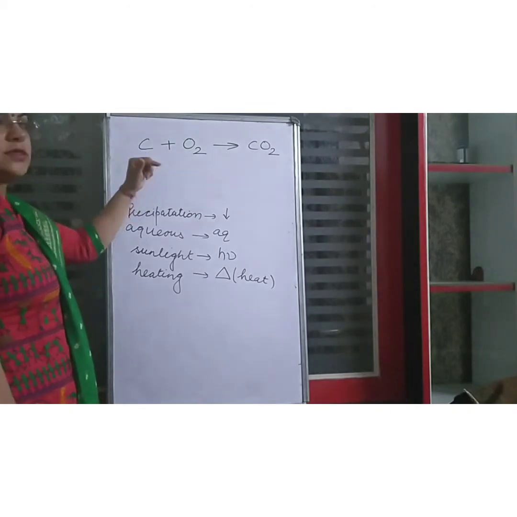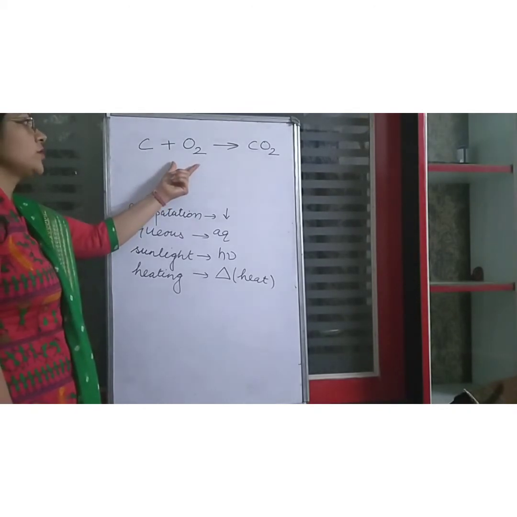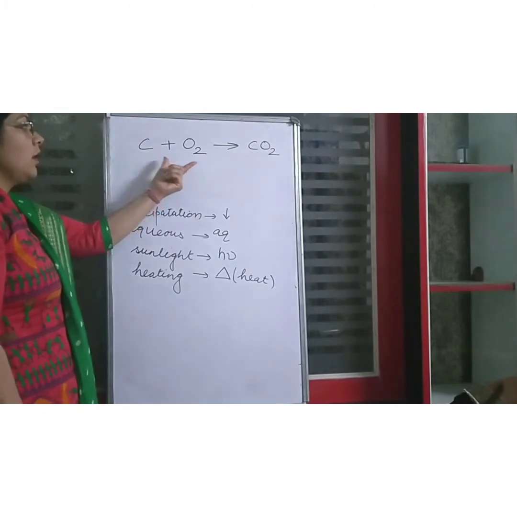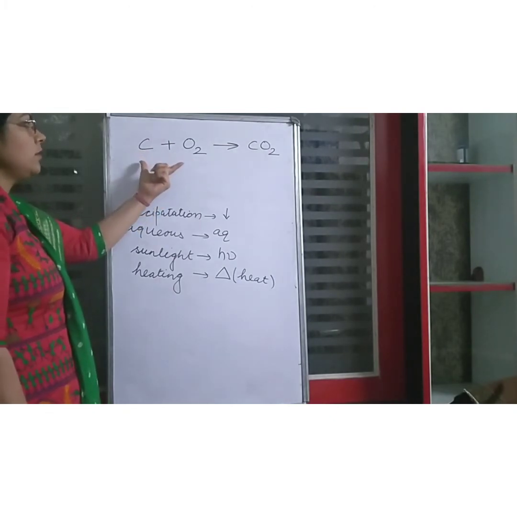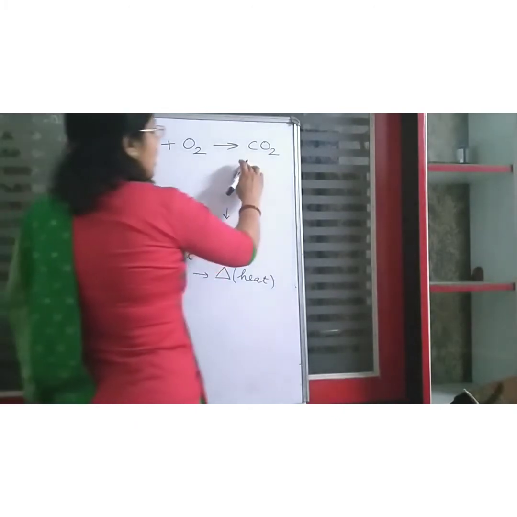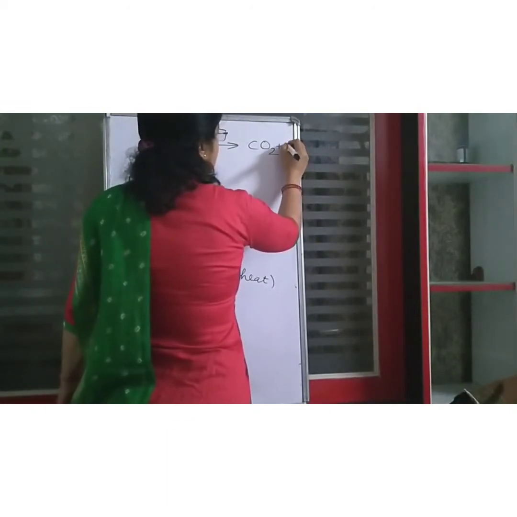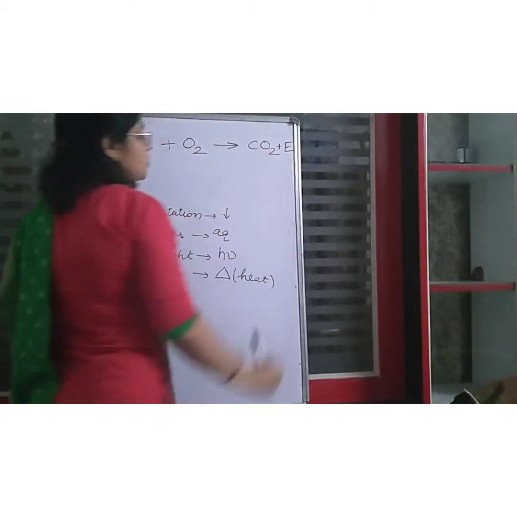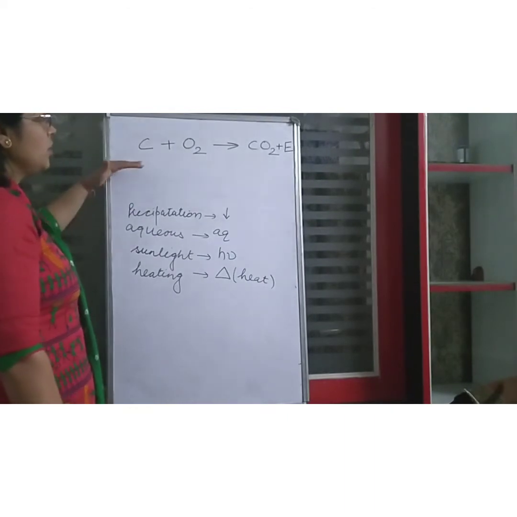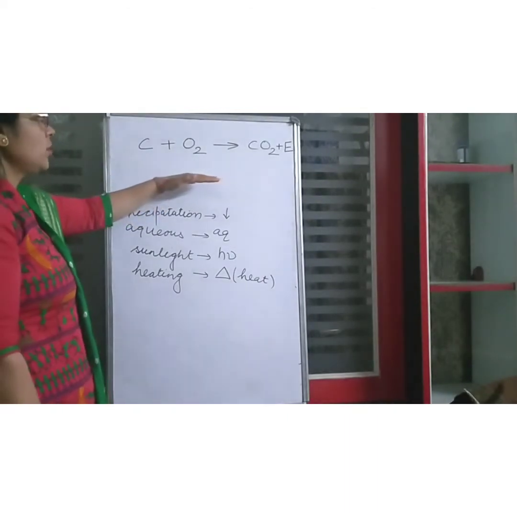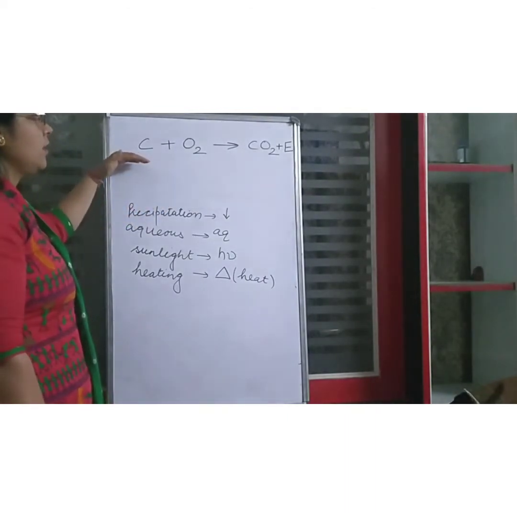For burning, the necessary condition is presence of oxygen, and when the fuels burn, they produce carbon dioxide along with a lot of energy. Now, this reaction is not an informative reaction.